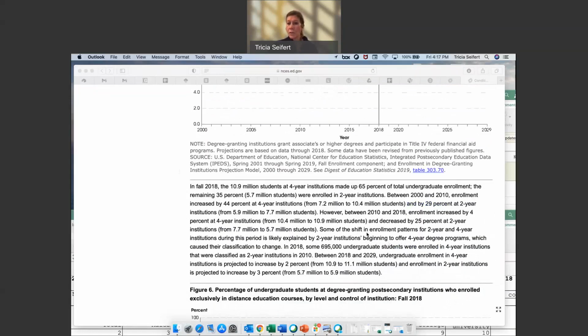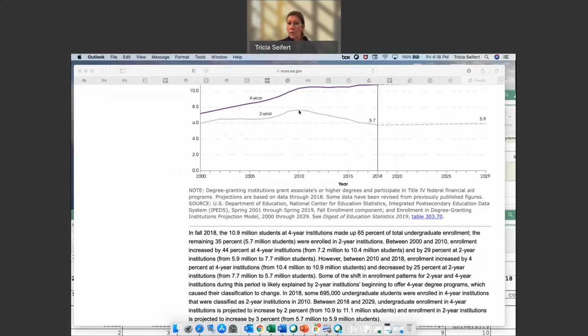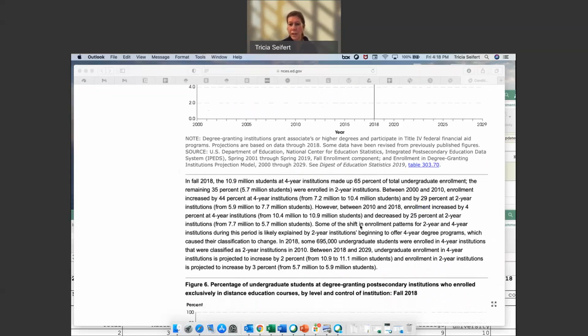Some of the shift in enrollment patterns for 2-year and 4-year institutions is likely explained by 2-year institutions beginning to offer 4-year degree programs. Well, isn't that interesting? So from about 2010, as this shifts down, their classification changed.